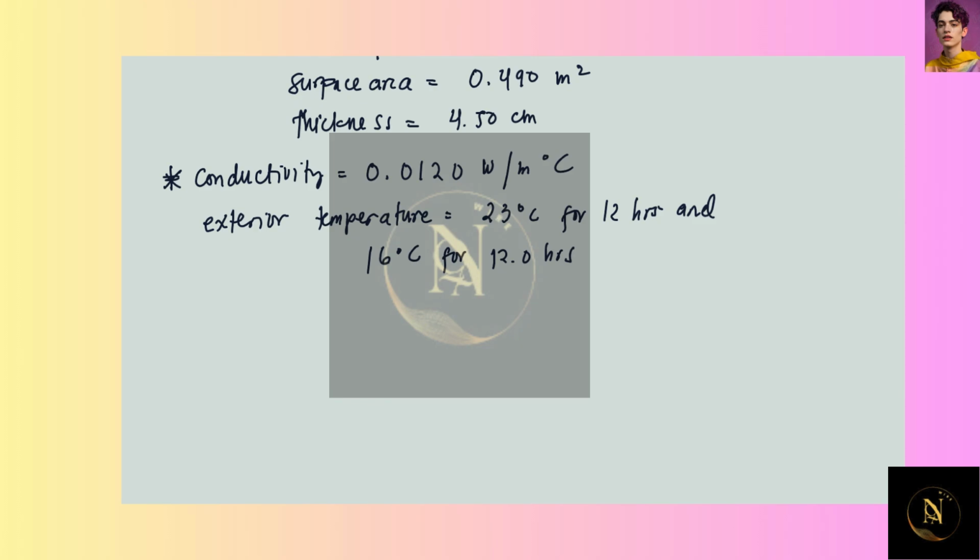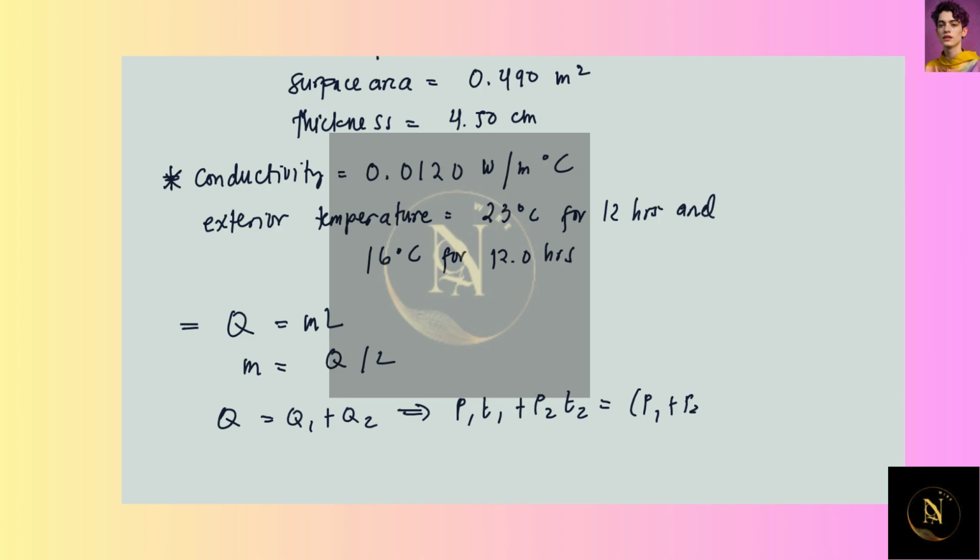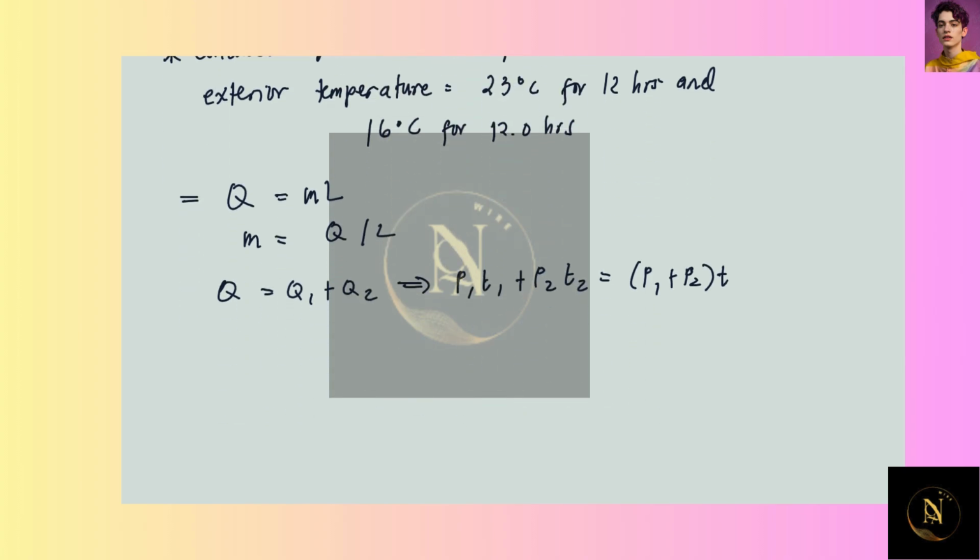Based on here, we know that Q will be equal to mL, so m is equal to Q divided by L. Also, Q is equal to Q1 plus Q2, that would be P1 T1 plus P2 T2, which is equal to P1 plus P2 times T. In this case, the power comes through heat transmission, so P is equal to kA times Th minus Tc divided by d.